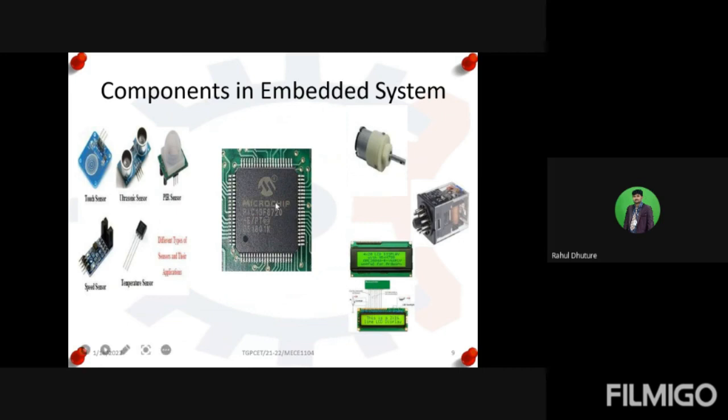We can use multiple microcontrollers, more microcontrollers for performing different tasks. We can use the display. We can use any kind of mechanism. We can use microcontroller. That time you can perform the different tasks.